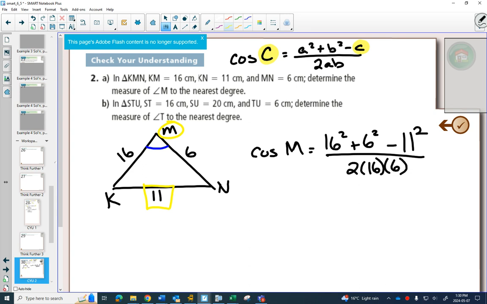So you can just plug the 6 and the 16 in anywhere. The key is that 11 has to be there. The 11 is what needs to be subtracted because it goes with angle n. We could use the same thing and find angle n first.